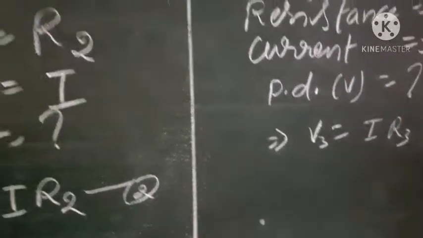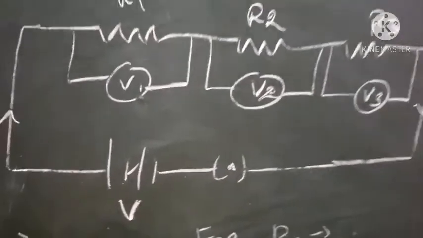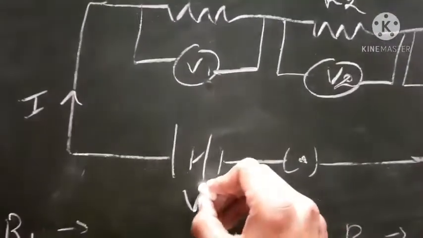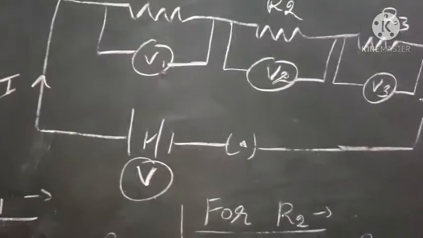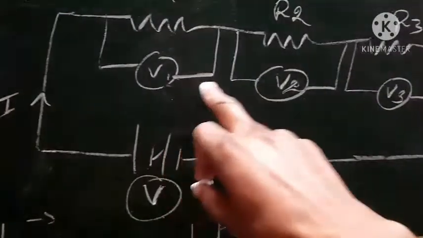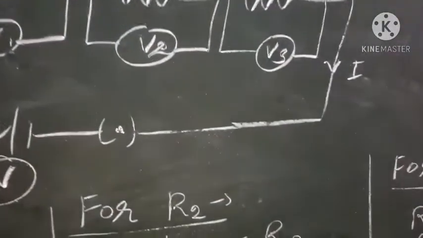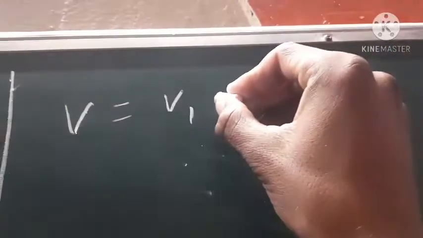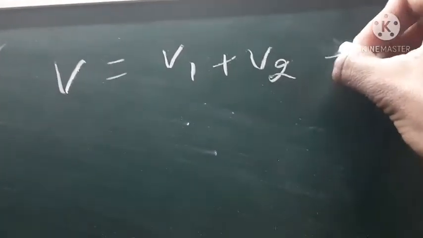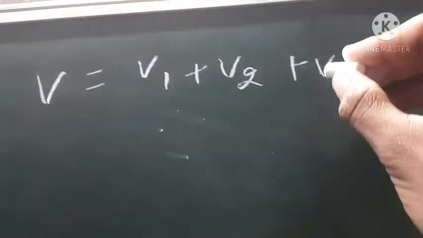Now from the diagram you can see the total potential difference V is equal to V1 plus V2 plus V3.